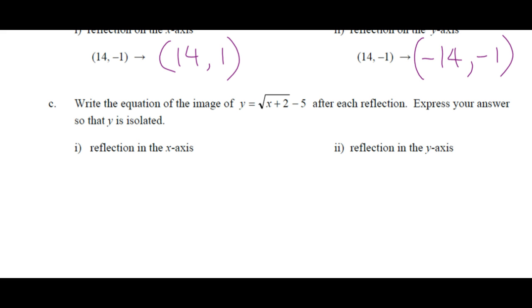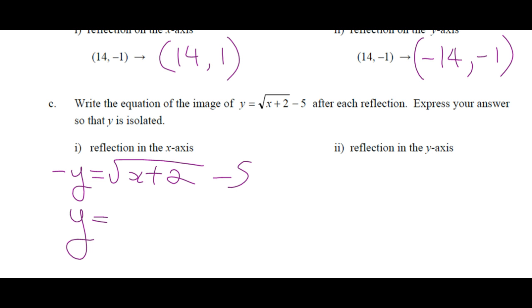Write the equation of the image of y equals the root of x plus 2 minus 5. After each reflection, express your answers so that y is isolated. Okay, so if we're going to do a reflection in the x-axis, what are we replacing with what? Okay, so where I see y, I write negative y is equal to the root of x plus 2 minus 5.